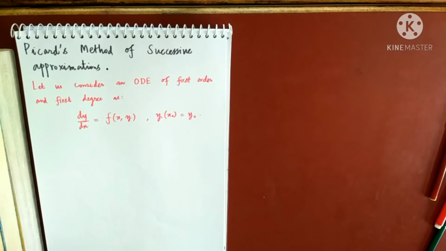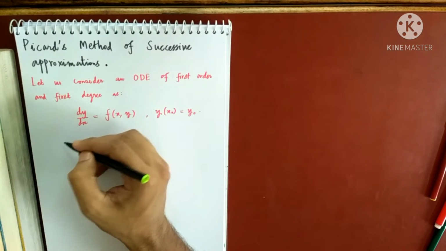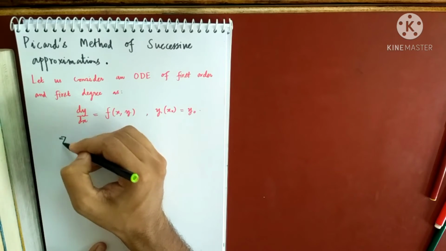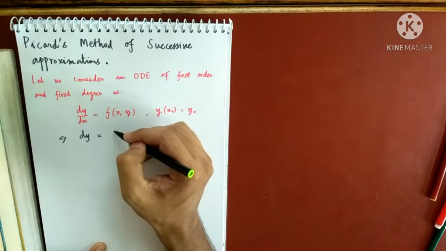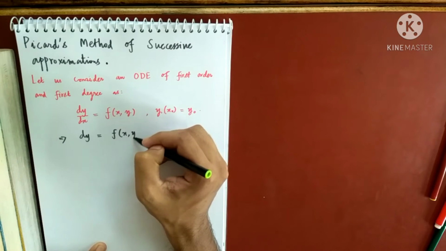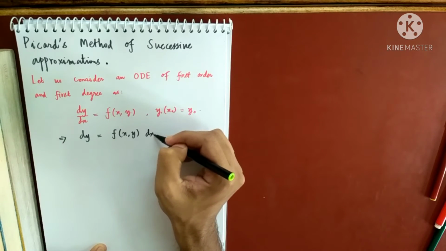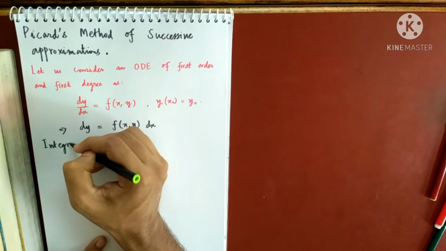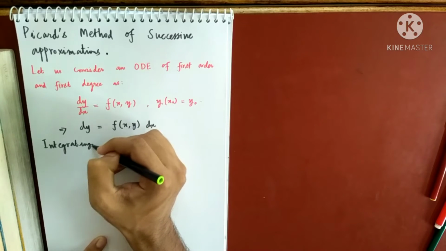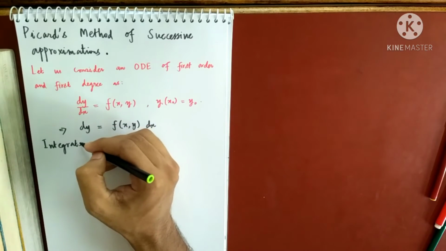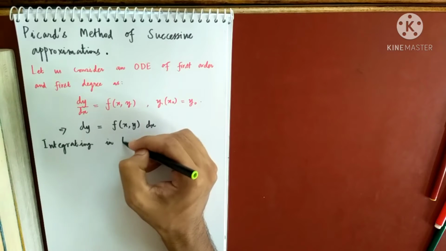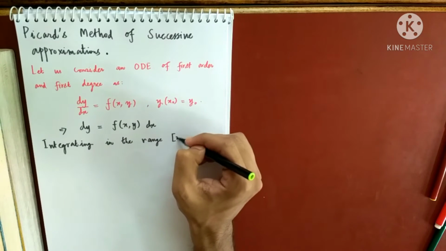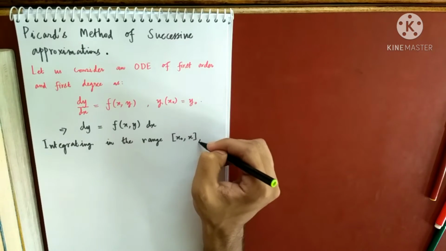So what Picard did is basically this. He wrote dy by dx is equal to f of x comma y, and integrating in the range x naught to x.